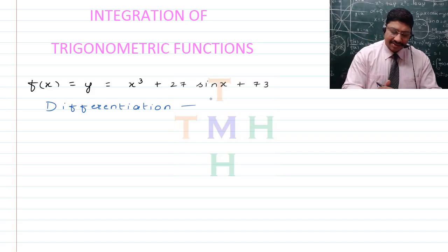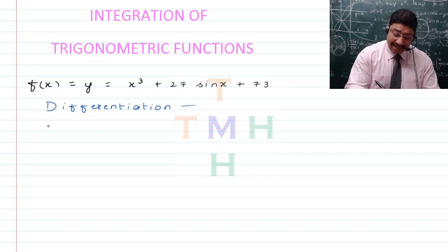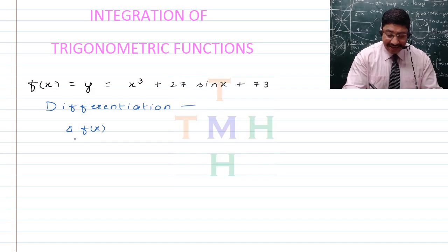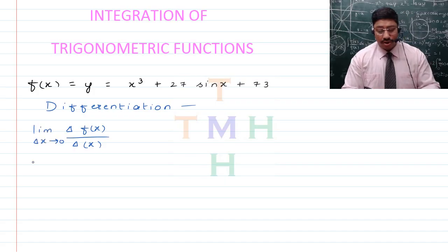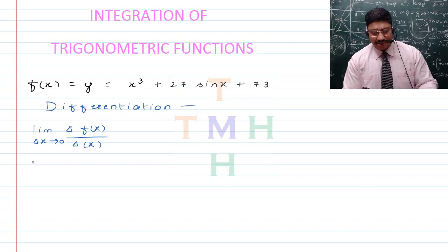This is written like this: if you talk about a function f of x, and you want to find the change in the value of this function, and divide it by the change in the value of the independent variable, when the change in the independent variable is infinitesimally small, then you call this process differentiation.